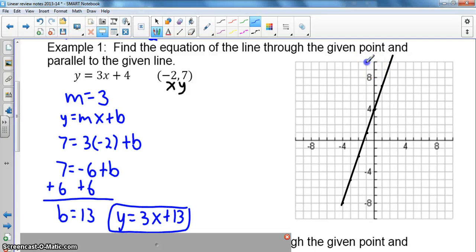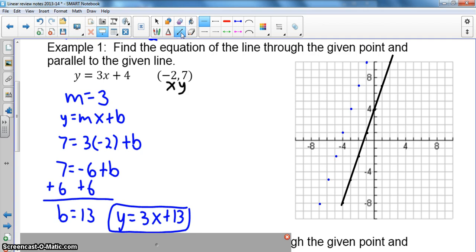So that would take me to right here. I'm going to go down 3 and to the left 1. Down 3, left 1, and I continue.